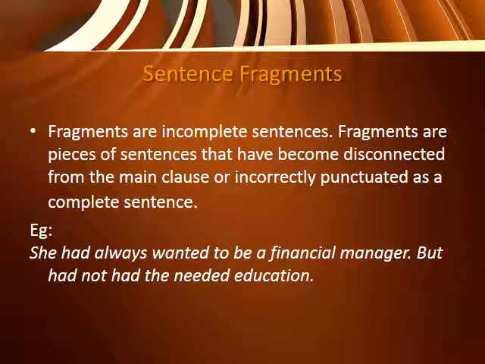We have no idea what this author or the person that wrote the sentence is talking about. They don't know who the person is that needed the education, have no idea. So what we're going to have to do is change the sentence punctuation to make it written accurately.